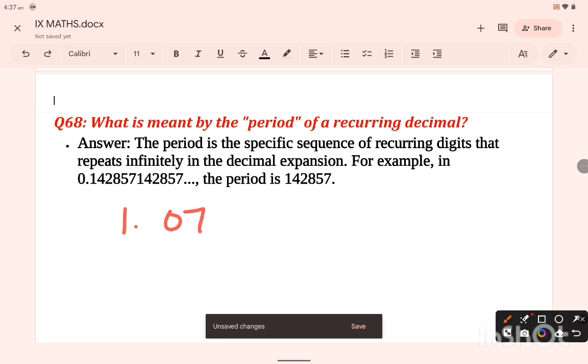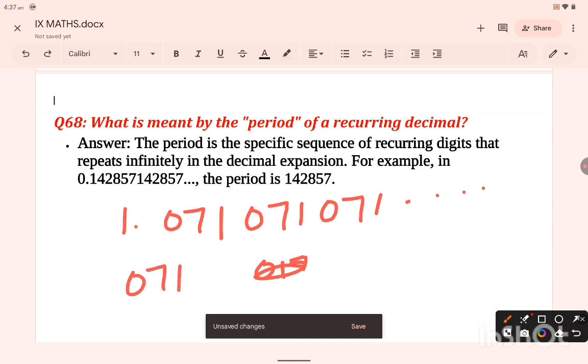One more example: 1.071071071 and so on. This is a non-terminating recurring decimal. So your repeating block is 071.